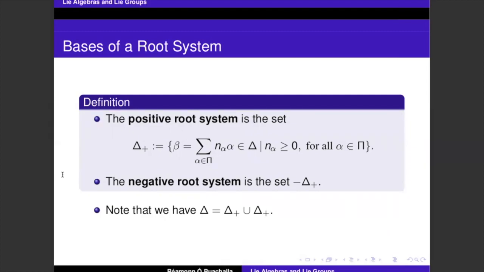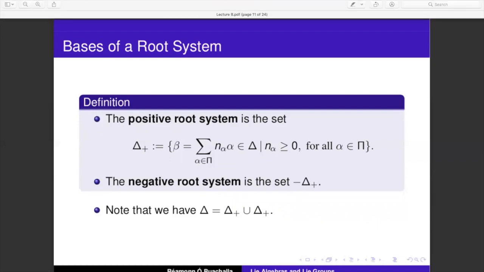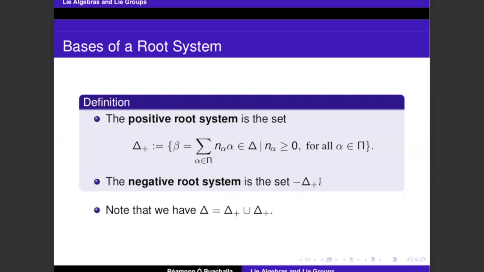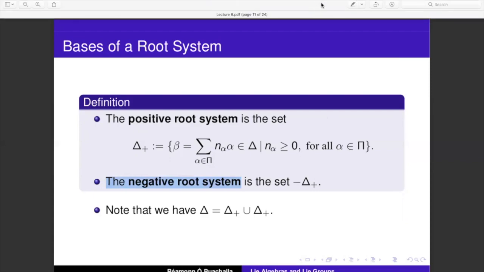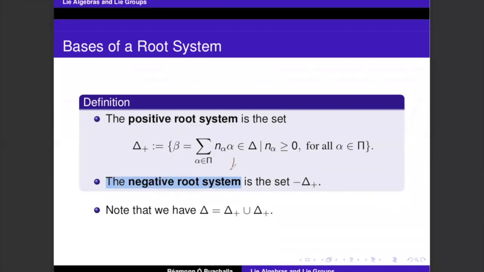The negative root system, which we're going to call delta minus, is just defined to be minus of this. Of course, that's just equal to the negative integer span of the base elements, a little bit more concise way to write it down.